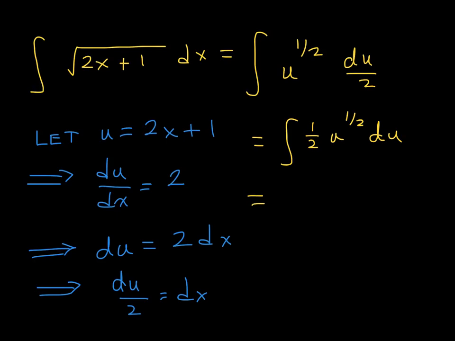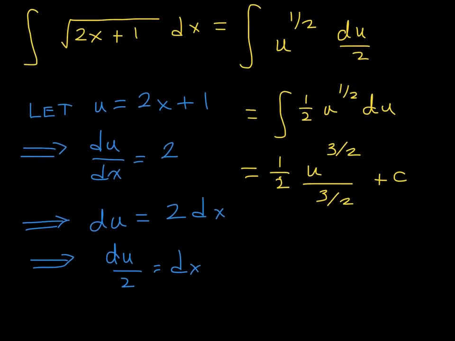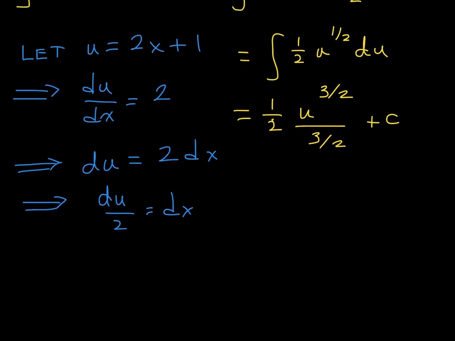We can factor out the 1/2 and say this is equal to u to the 3/2 over 3/2, of course, plus c. All I need to do now is simplify a little bit and also back substitute. Remember that u is equal to 2x plus 1. So furthermore, 1/2 divided by 3/2 is equivalent to 1/3.